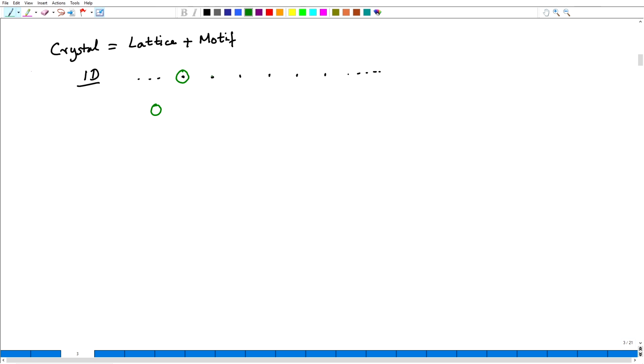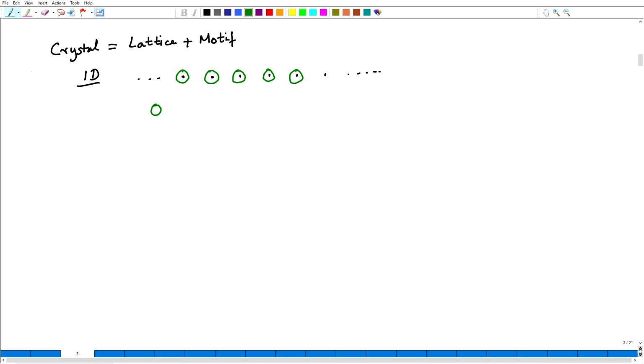That is one way I can place this atom. I can place this atom at every lattice point. So, now I have a one dimensional crystal structure, where an atom is present at every lattice point. But then a motif can be more complex than this.